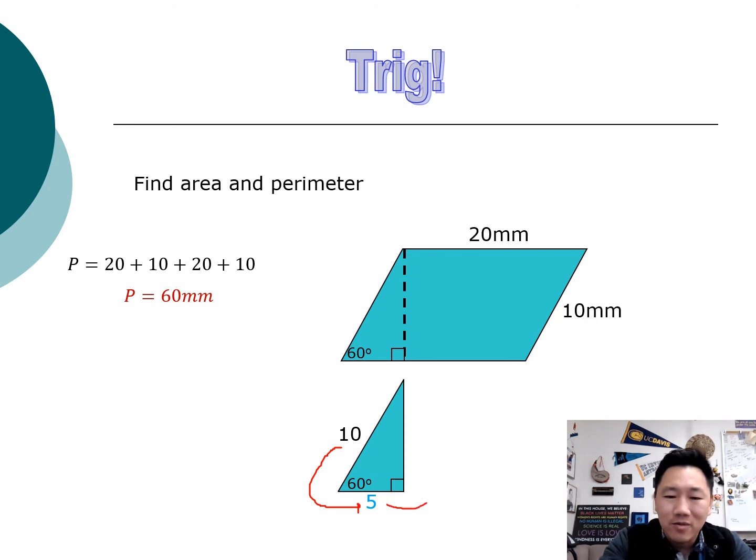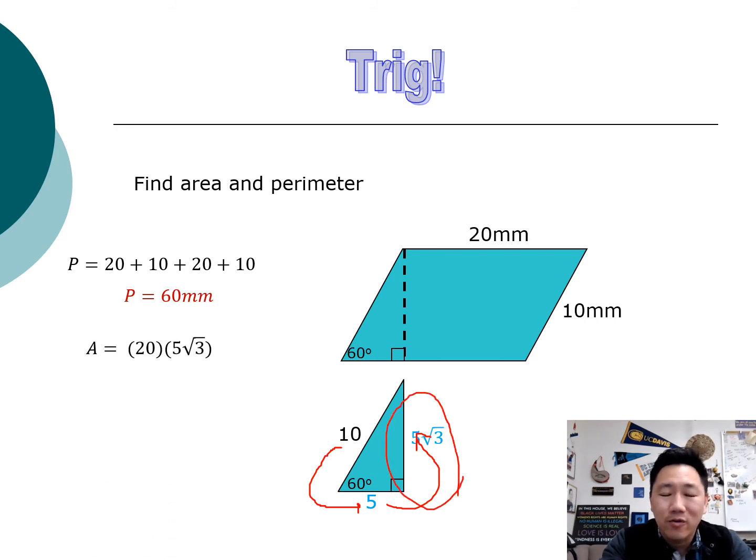And then to go from the short side to the longer side, it is 5 square root of 3. The hard part is to remember your special right triangle rules, but you have to know them. So we found the height. We plug it into the area formula, base times height, which gives us 100 square root of 3 millimeters squared.